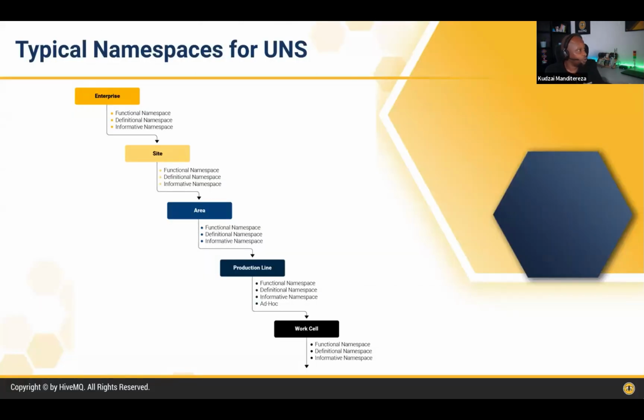So this is an example of how that would look once you have put your ISA 95 structure together. So you've got your enterprise, you've got a site, an area. So this is where you would then be able to plug your namespaces. So you could have a functional namespace within your enterprise level. So maybe that is a definition of OEE across your entire enterprise.